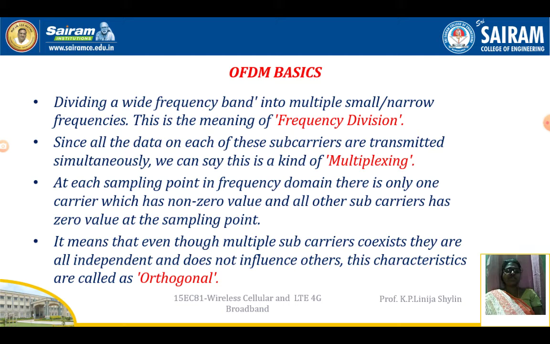In the frequency domain we consider the sampling point. In one carrier there will be a non-zero value while the other subcarriers have zero value. It means multiple subcarriers exist, all independent, and do not influence the others. These characteristics are called orthogonal.